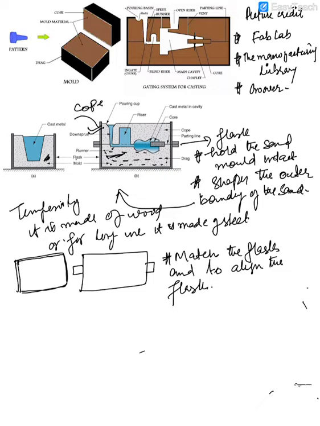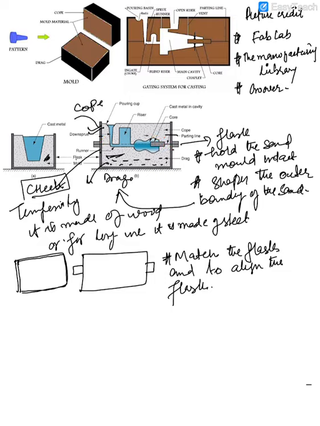It is used for making the upper part of the casting, and the lower part is called the drag. If there is a third flask between the cope and the drag, then this part is called the cheek. Now this was all about the flask.